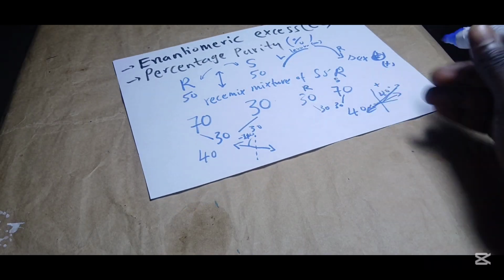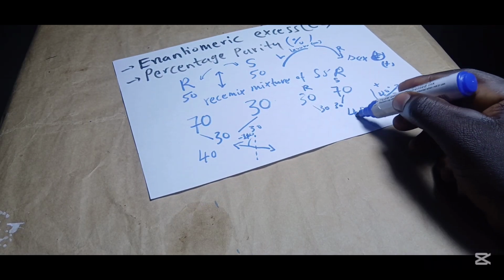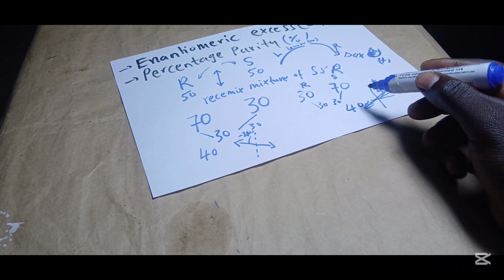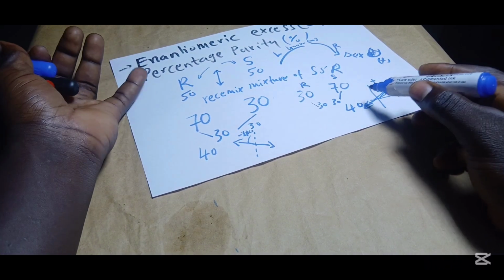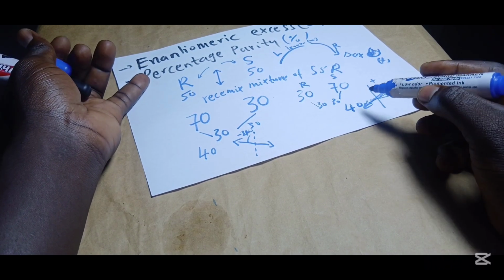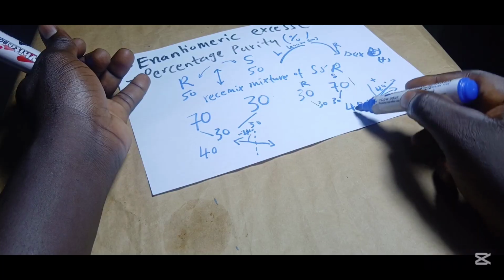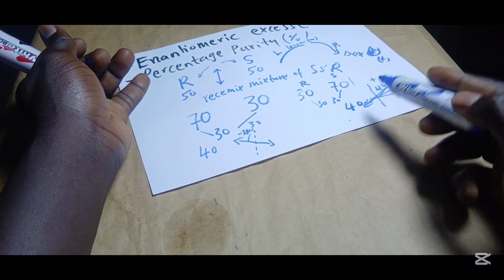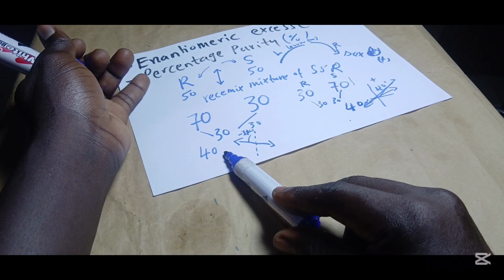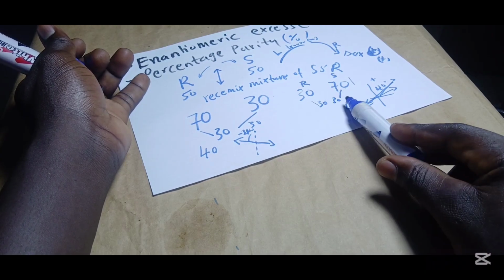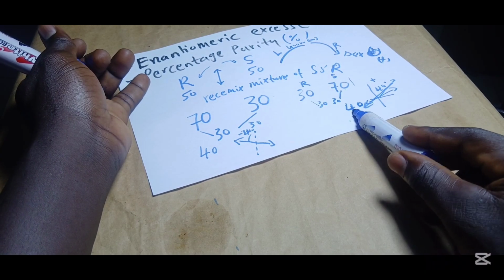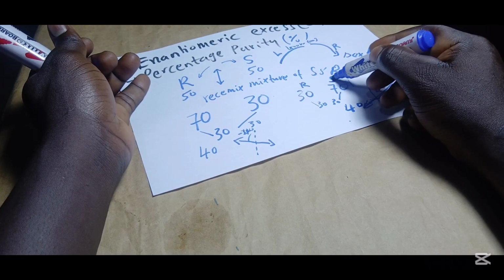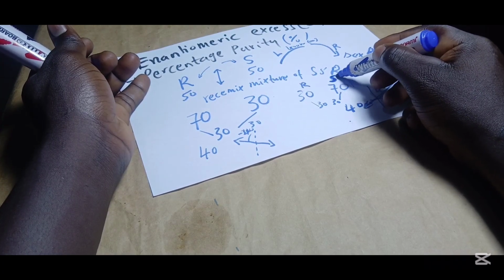So now, after forming the racemic, what is left is the enantiomeric excess. Here, the enantiomeric excess is 40%, favoring the R. And here, the enantiomeric excess is 40%, favoring the S, because S dominated here.